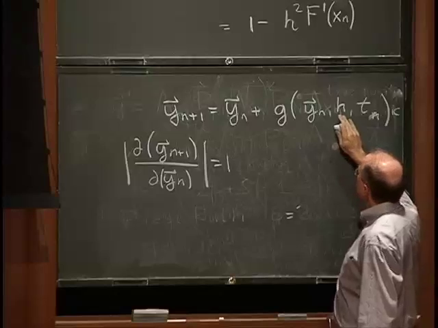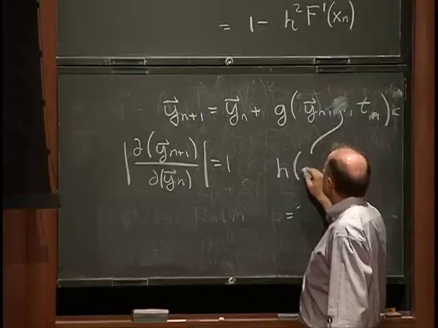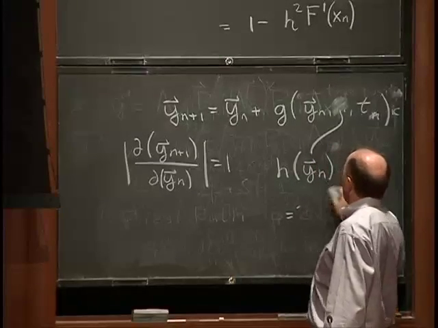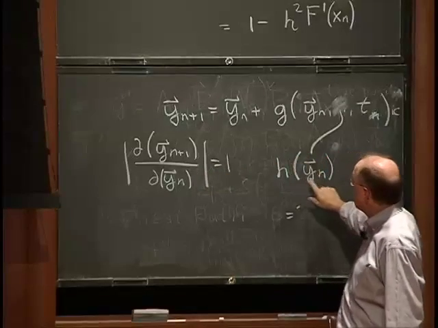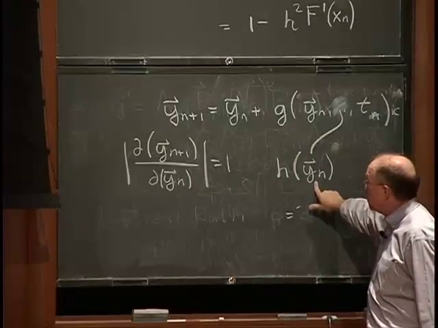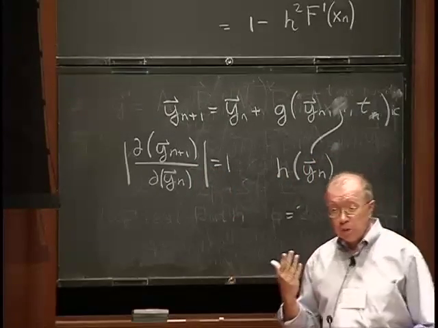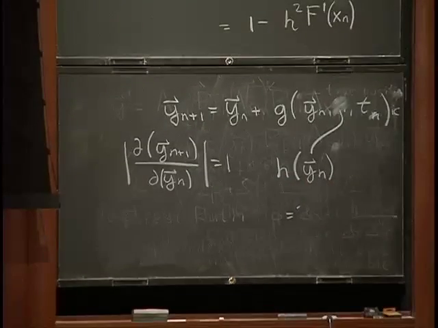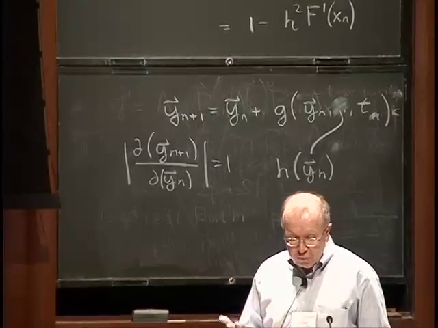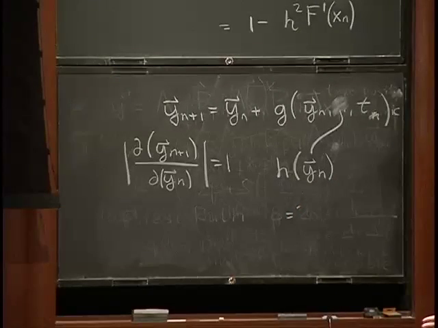If I'm going to have a variable time step, the variation of the time step is going to have to depend on position, so it's going to be a function of yn, and you can pretty easily see that if this was true when h was fixed, once you allow it to depend on position, in general this Jacobian is no longer going to be unity, it's no longer going to be volume conserving, it's therefore no longer going to be symplectic. And in general, basically once you vary the time step, all of the good properties of geometric integrators are lost.